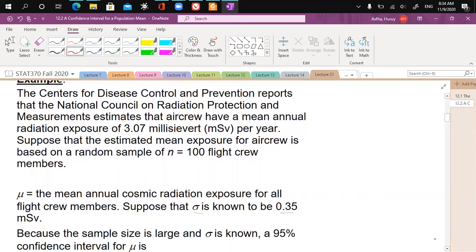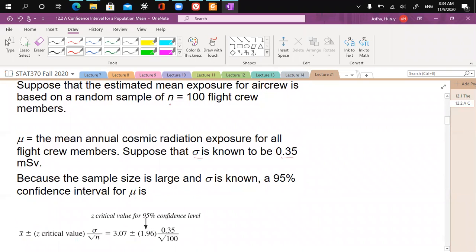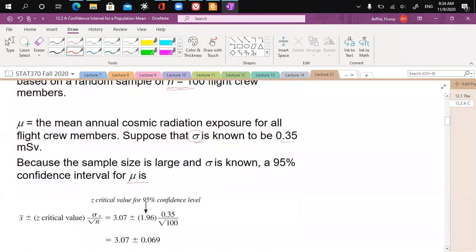Now, as you can see n is 100, and it means it's large because this is greater than 30, and sigma is known. So the 95% confidence interval for mu is given by X bar plus or minus Z critical value times sigma over root n.